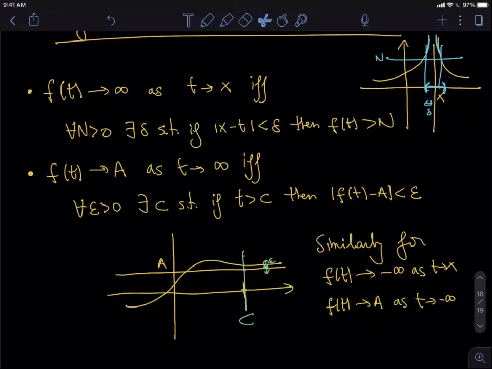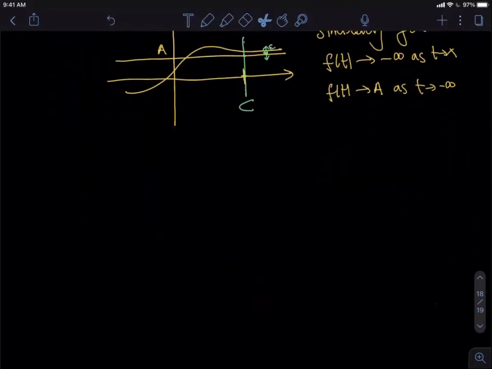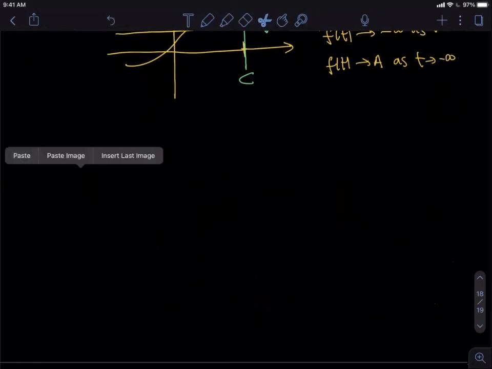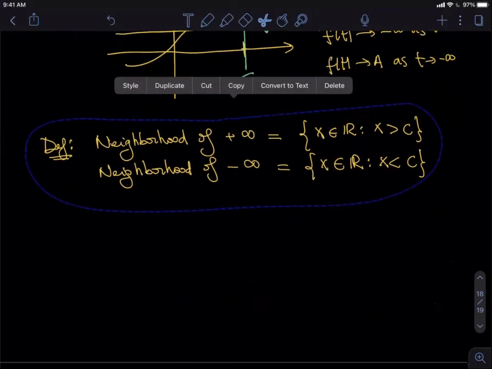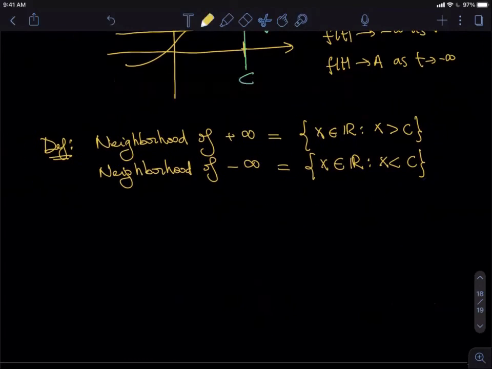What we are going to do now is reformulate the definitions we already have, to write them in terms of neighborhoods, so that we don't have so many different definitions of convergence. We will have a general framework. For that, we first need to define what is a neighborhood of infinity. We already know that an open interval is a neighborhood of a point. But what do we mean by a neighborhood of infinity or negative infinity? Here we have the definition.